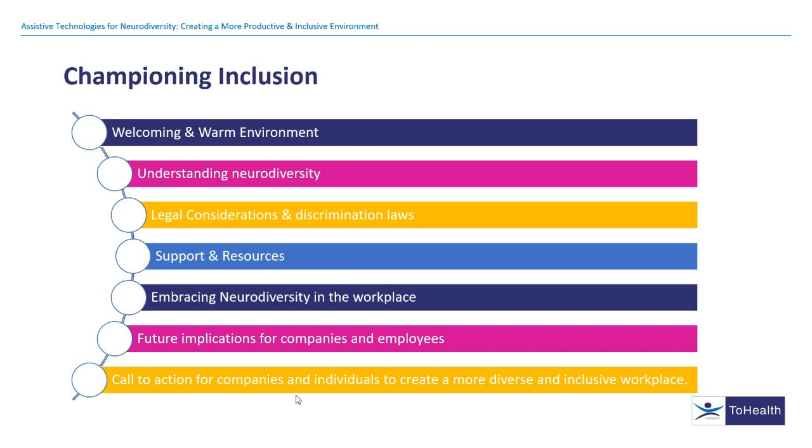In terms of championing inclusion and navigating neurodiversity in the workplace, it is important that you create a warm and welcoming environment. Think about the legal considerations. Try to provide your employees with support and resources. Think about the future.